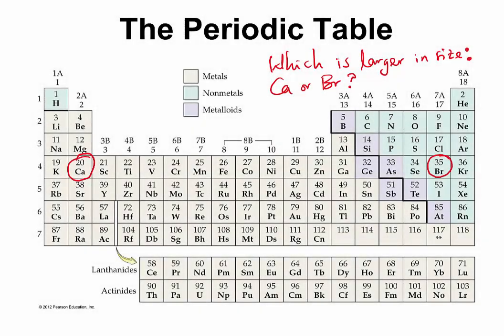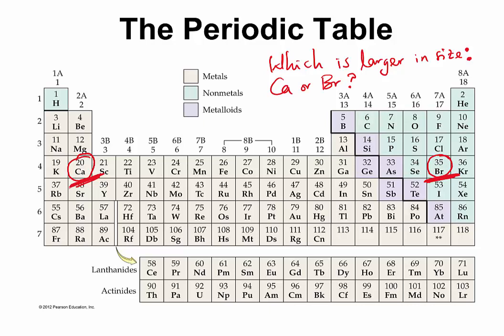If someone were to ask you this question, which is larger in size, calcium or bromine? Most people, using simple common sense, would simply say bromine. And why would they say that?